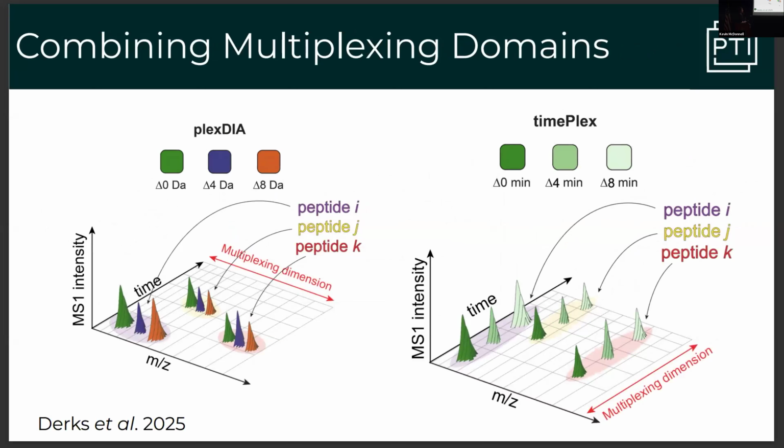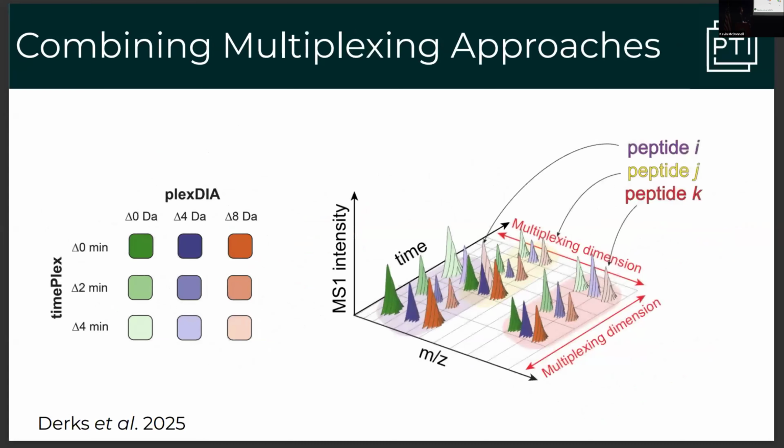The particular strength of this approach is that while it's similar to PlexDIA, it's completely orthogonal. So you can combine the two approaches and get multiplicative increases in your throughput. Here a 3-plex in your mass domain and a 3-plex in your time domain gives you a 9-plex overall. And so you can get these multiplicative increases.